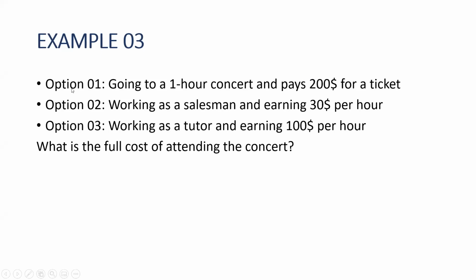So by attending option number 1, you need to pay this $200 plus you will lose this $100 as well. That loss is also a cost for you. Therefore, you should add that 100 to this 200 as well. Clear now?